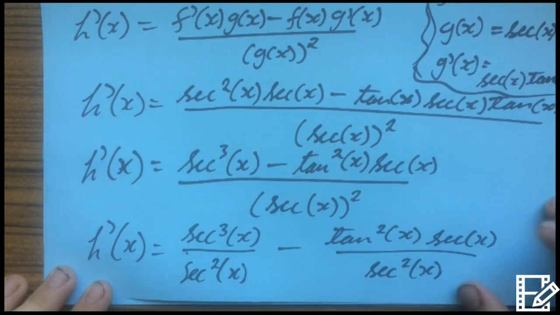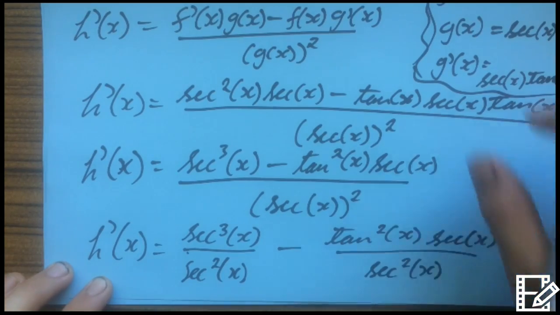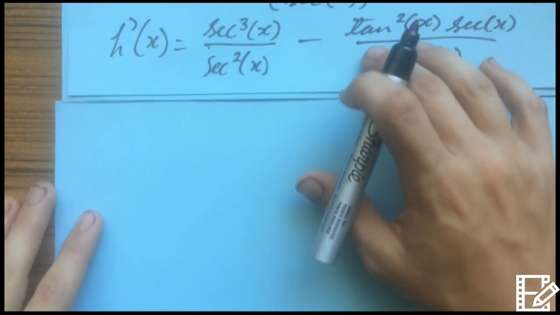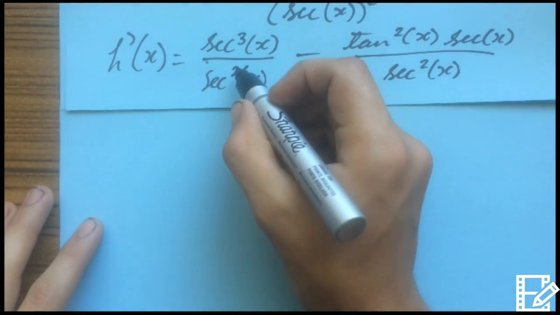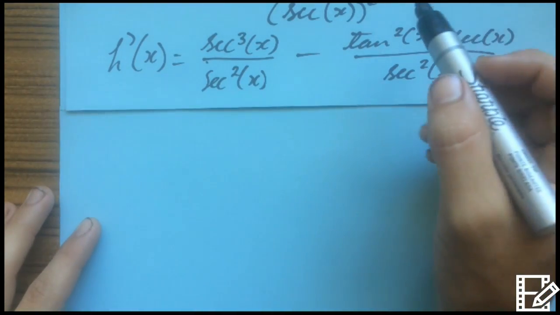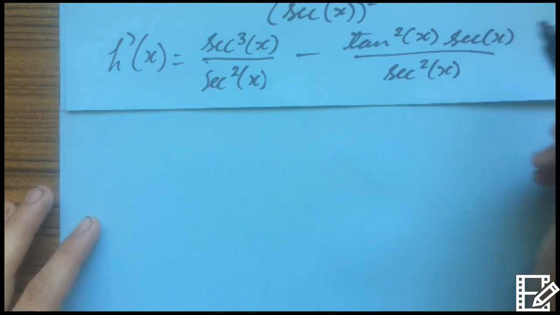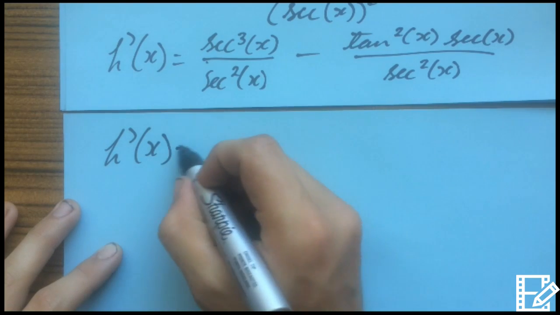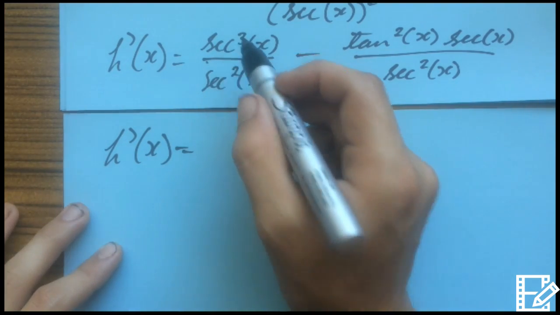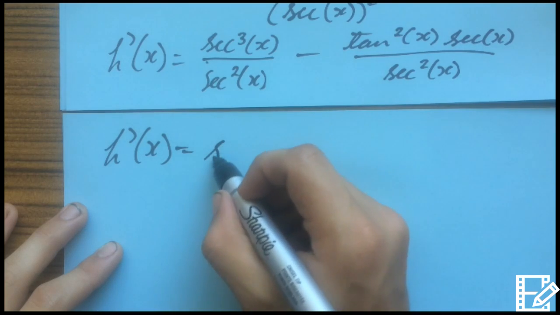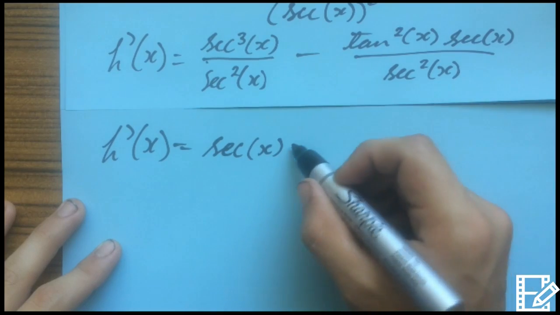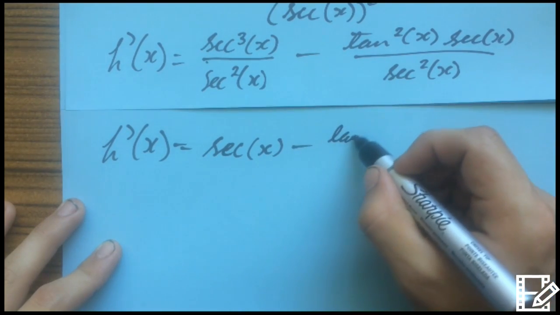You can split it up because of the minus sign. And to continue on, what we can do is cancel out the powers. Sec to the power of 3 divided by sec to the power of 2 is just sec, minus tan squared, that stays the same, we don't touch that.